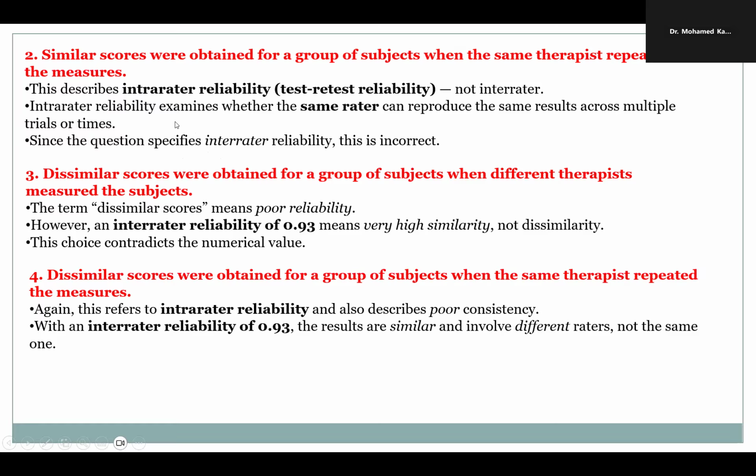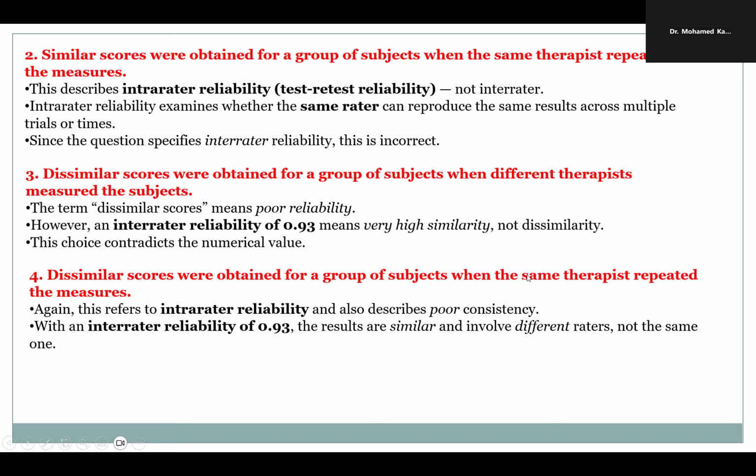Dissimilar scores were obtained for a group of subjects when different therapists measured the subjects. Dissimilar scores mean that we have a poor reliability, but in this question we have 0.93, so this cannot be a good answer. Again, 0.93 does not represent that.